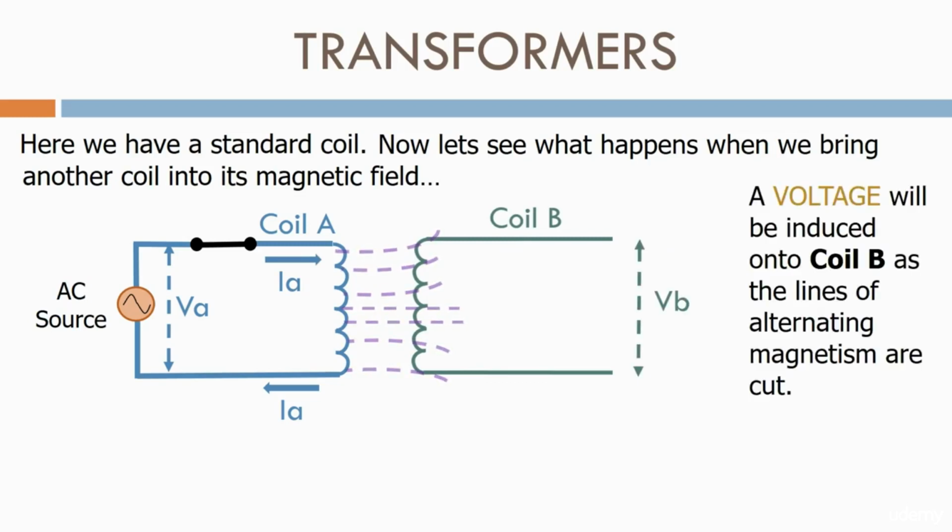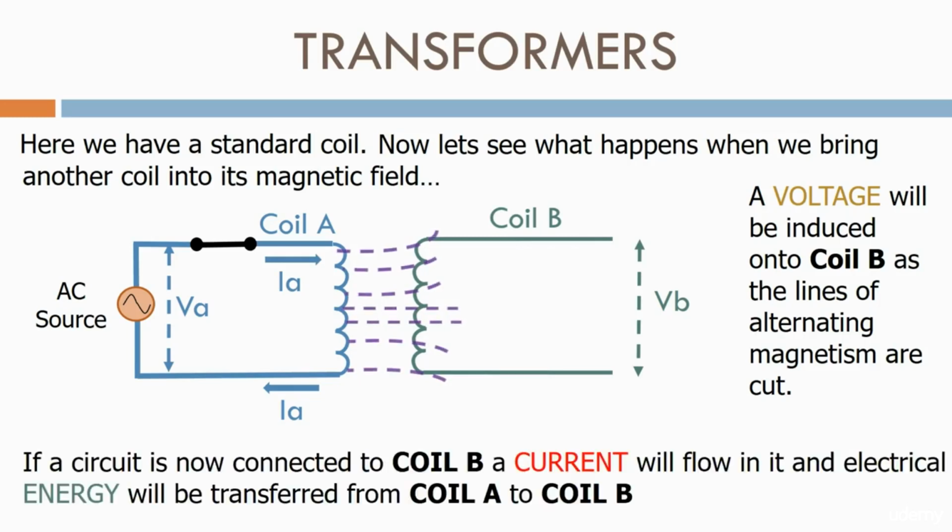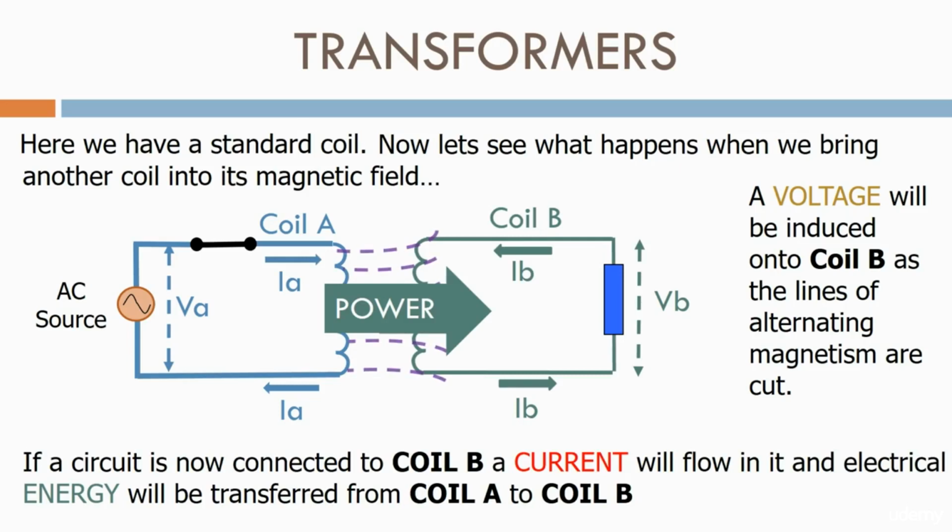A voltage will be induced onto coil B as the lines of alternating magnetism are cut. If a circuit is now connected to coil B, a current will flow in it, and electrical energy will be transferred from coil A to coil B.